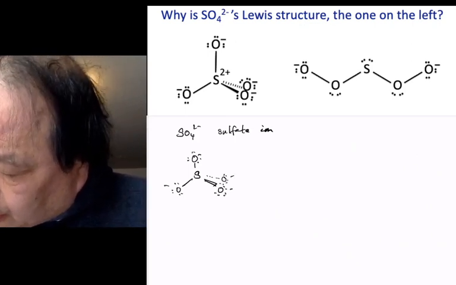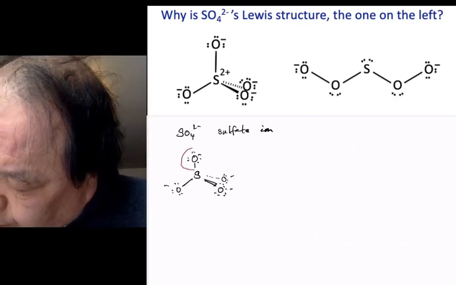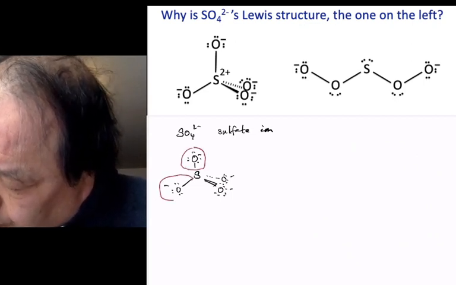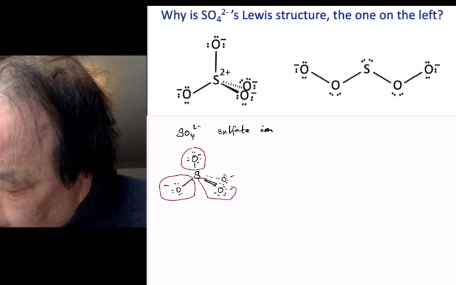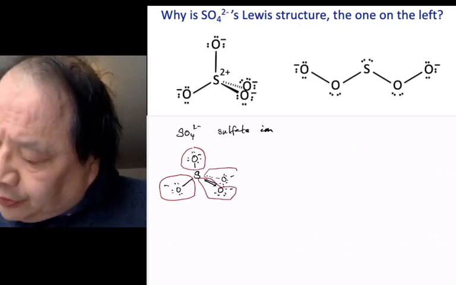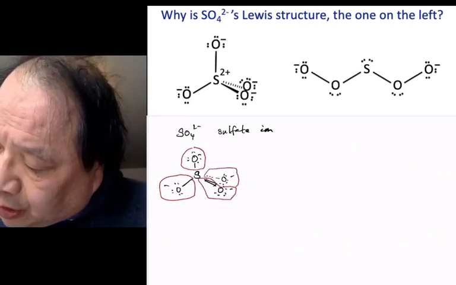And electrons get assigned to the more electronegative atom. So these are the assignments. All the oxygens have 8 electrons. They're all -2.